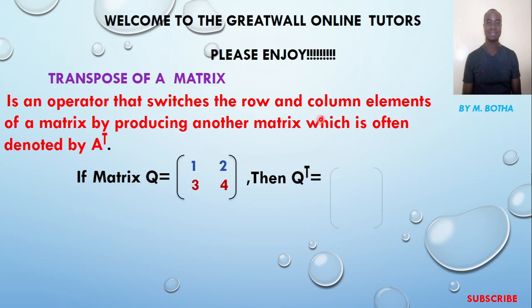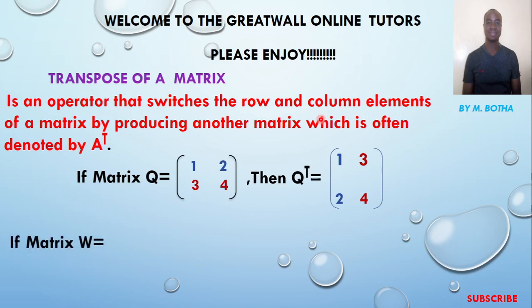So the transpose of this matrix Q is going to be 1, 2, 3, 4. Now what is happening? You can see the blue row is turned into a blue column, right? Now the red row here is turned into a red column, as you can see there. So this is the transpose of a matrix.